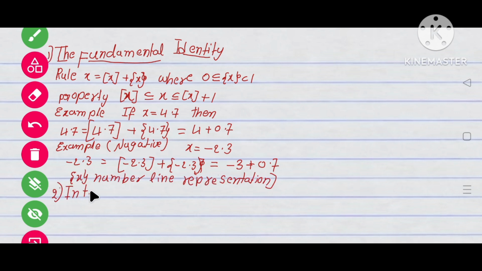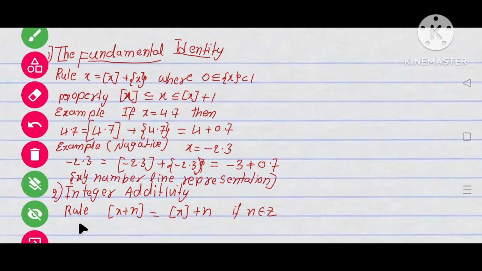The integer additivity. What is the rule? The rule is step of x plus n is equal to step x plus n, where n belongs to Z. Example problem: step of x plus 5 is equal to step of x plus 5.